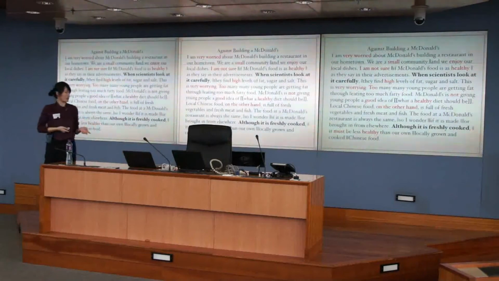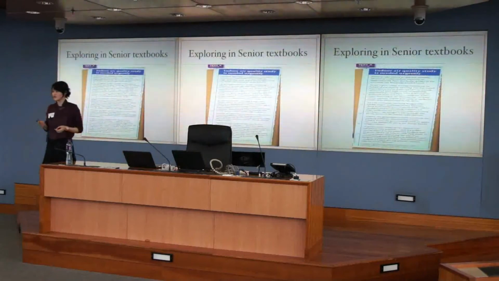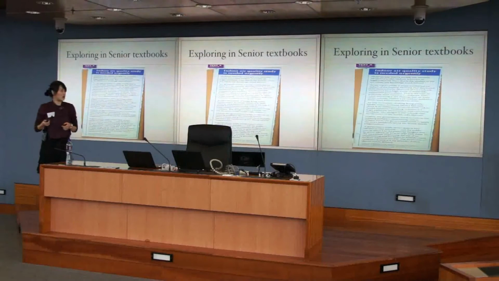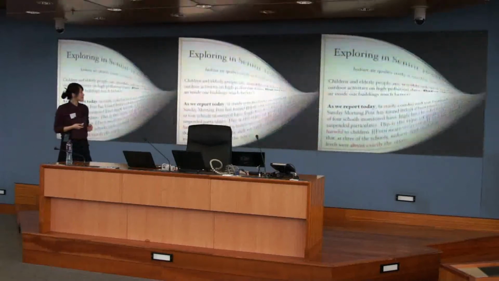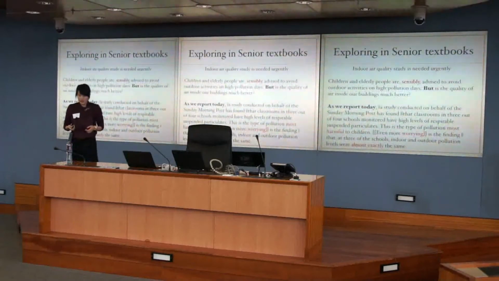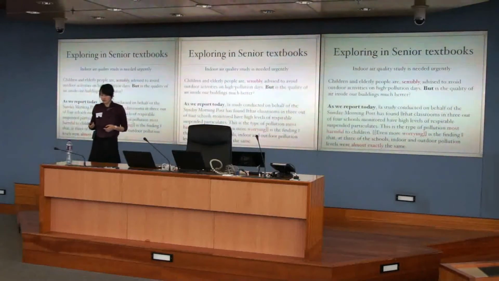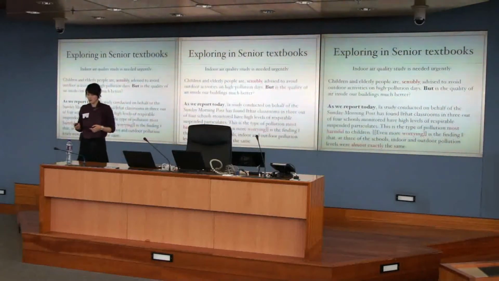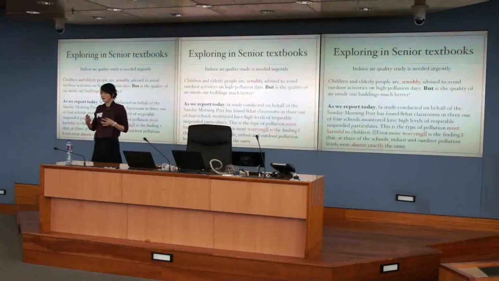I would like to share one more example of senior secondary in Hong Kong. There is an editorial trying to explain the serious situation of indoor air quality in Hong Kong. And you can see that in junior secondary, the textbook offers the mood adjunct of intensity to say very, or the limiting adjunct to say only, just.